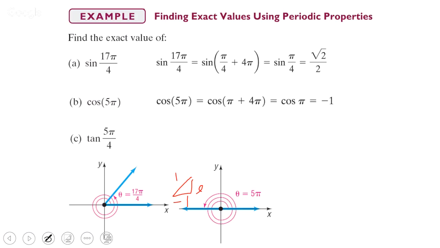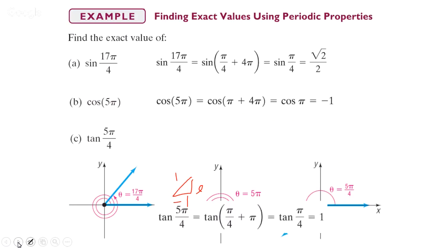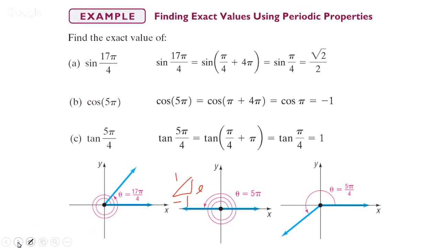For 5 pi over 4, you really don't need a coterminal for that one. But since tangent can be repeated every pi, it actually has the same value as pi over 4. And you can see that. If I have 5 pi over 4, I have 1, -1, square root of 2. Because I'm in the third quadrant with 5 pi over 4, I get -1 over -1.